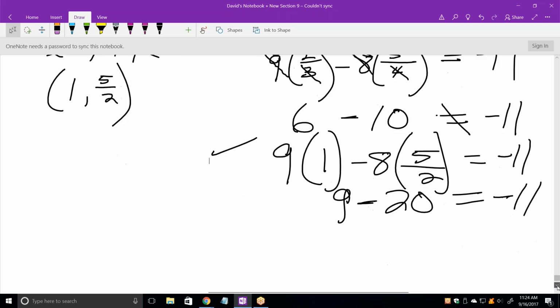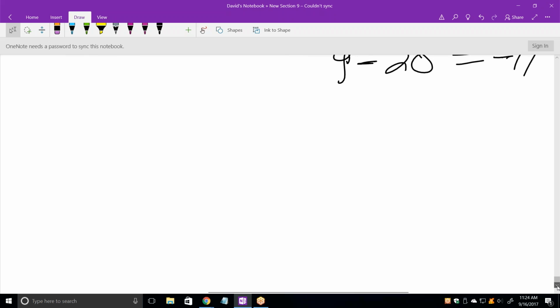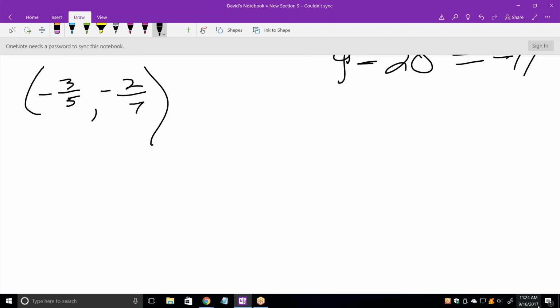The next one is: use substitution to determine whether the given ordered pairs are solutions of the given equation. We have negative 3 over 5, comma negative 2 over 7, and then the next one is 0, comma 1 over 7. The equation is 5a plus 7b equals 1.